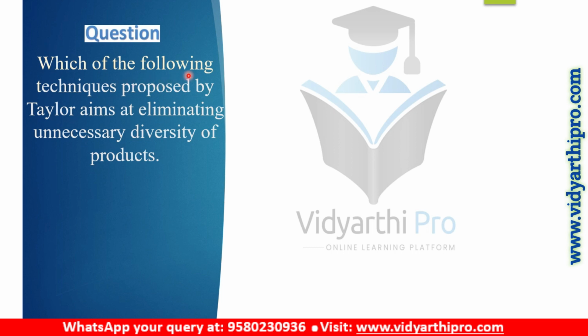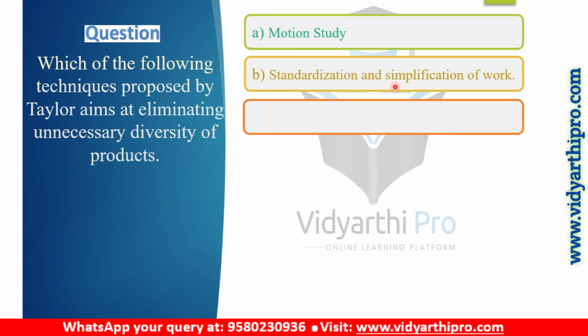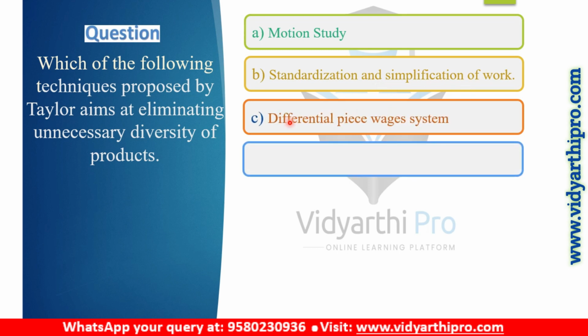Our next question is, which of the following techniques proposed by Taylor aims at eliminating unnecessary diversity of products? Options are option number 1, motion study; option number 2, standardization and simplification of work; option number 3, differential piece wages system; option number 4, functional foremanship. इनमें से कौन सा ऐसा option है जो technique को propose करता है and aims at eliminating unnecessary diversity of products?